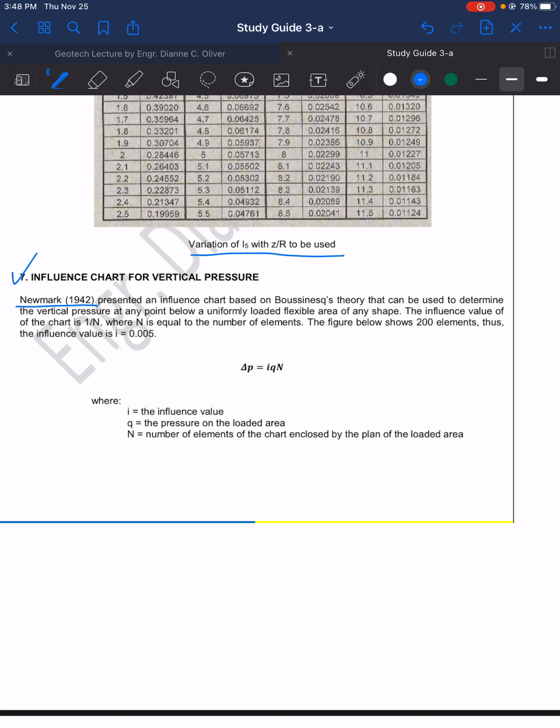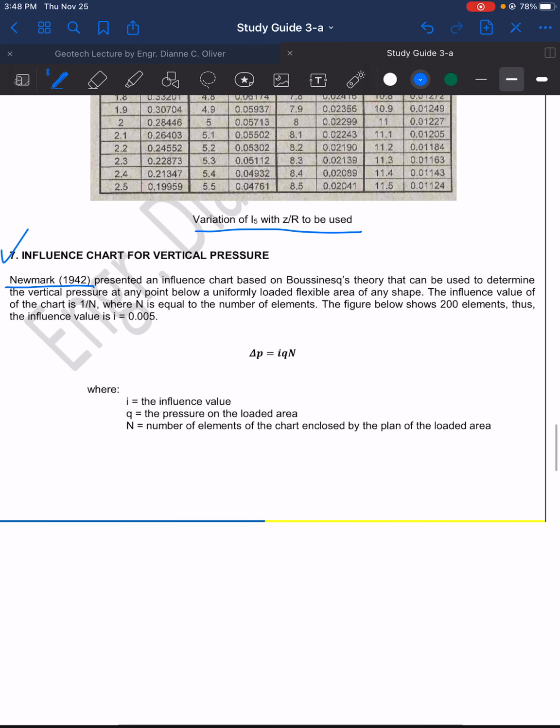Mr. Newmark, 1942, presented an influence chart based on Boussinesq theory that can be used to determine the vertical pressure at any point, okay, so at any point below a uniformly loaded flexible area of any shape. So we can use Newmark's chart for any shape.